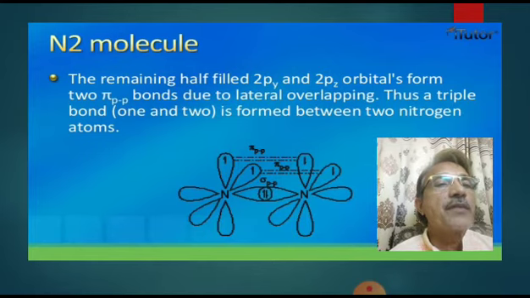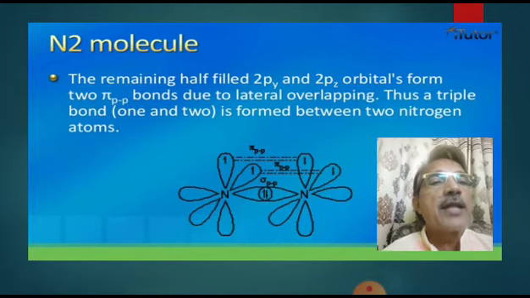Later on, two pi pp bonds are formed by lateral or sideways overlap between the remaining two 2p orbitals of each nitrogen atom. Thus, a strong triple bond is formed between two nitrogen atoms, so that N2 molecule contains a multiple bond.